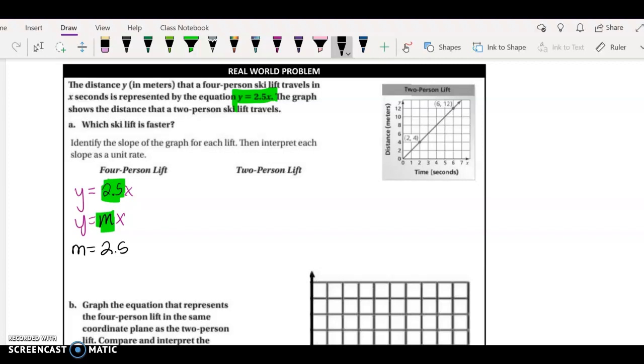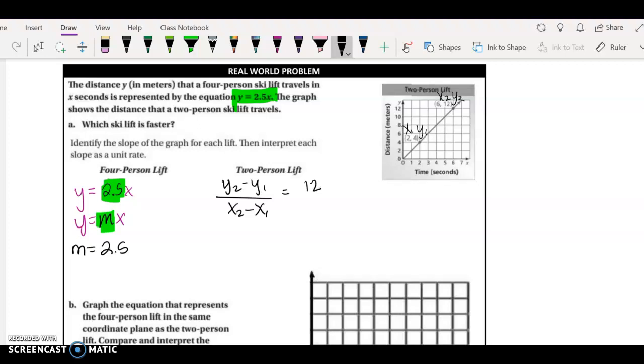The two-person ski lift, we're going to have to use our equation y2 minus y1 over x2 minus x1. So I'm going to label these my x1, y1, my x2, y2. So my y2 is 12.